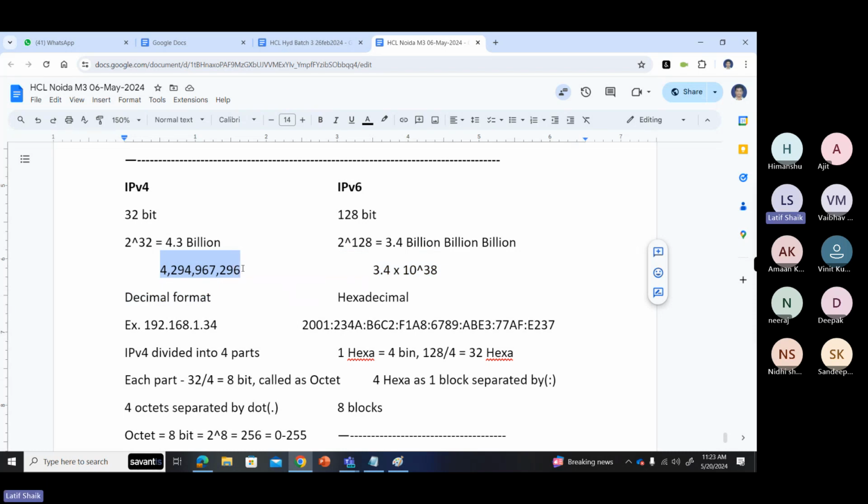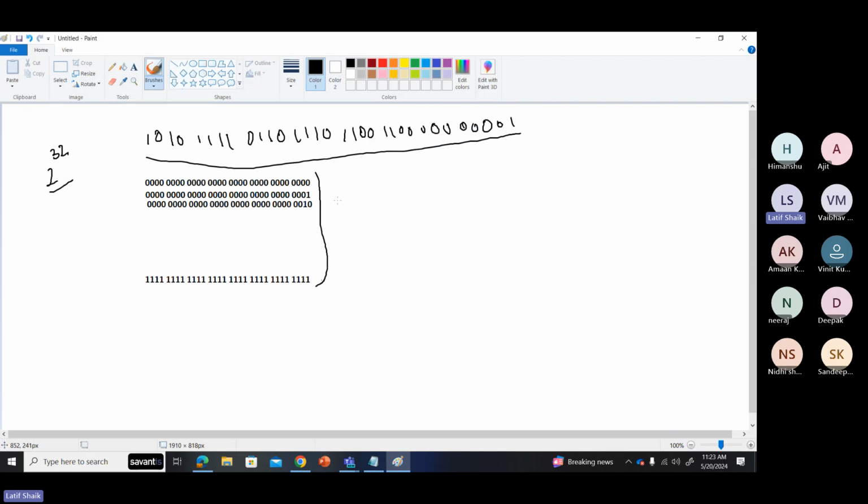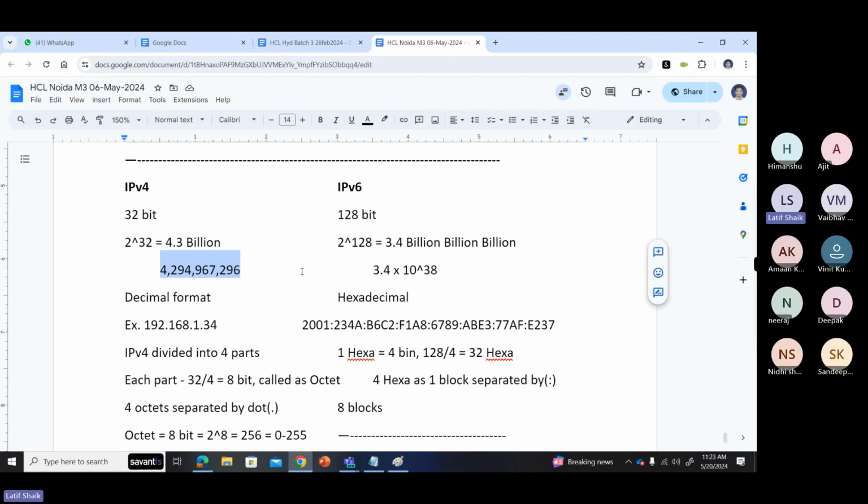This is the exact number, 2 to the power of 32 IP addresses, about 4.3 billion combinations.